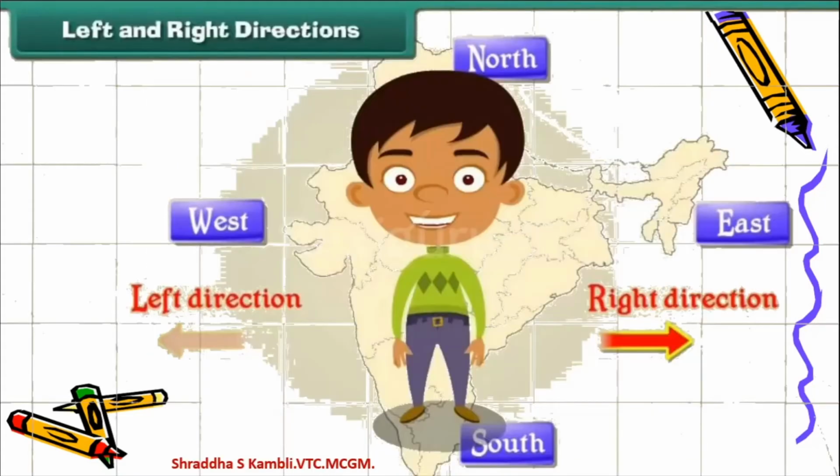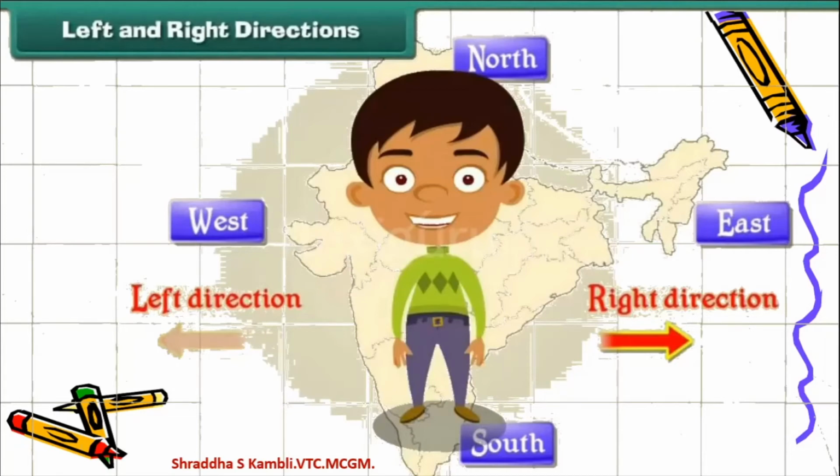Alright, see, north, south. So if a boy is standing like this, how will you tell the direction? When someone is standing like this, north is on top, where his head is, okay, south is below, where his legs are, in the right direction you have east, and in the left direction you have west.